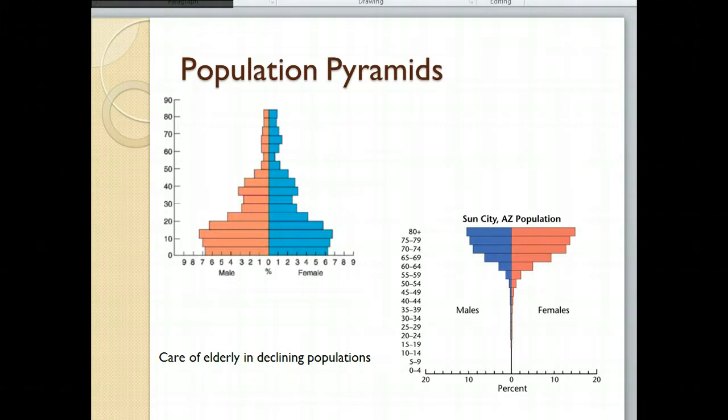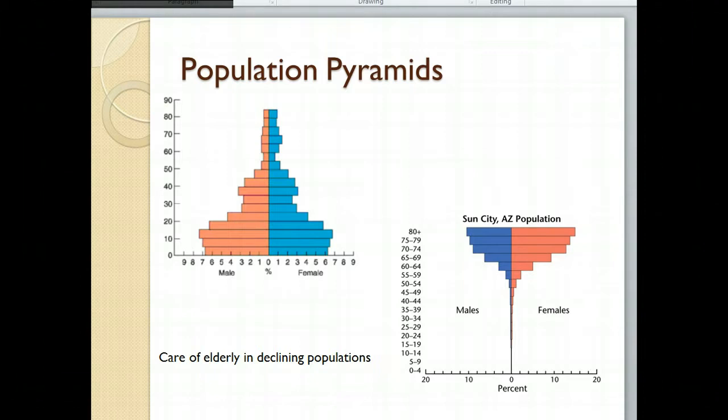So there aren't very many people in their 80s and 90s, lots of people in their 15 to 20, and pretty even representation between male and female, except as you get up from 40 and older, you tend to have more females than males.